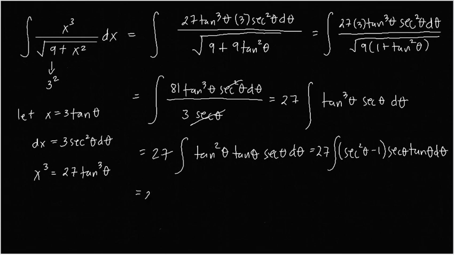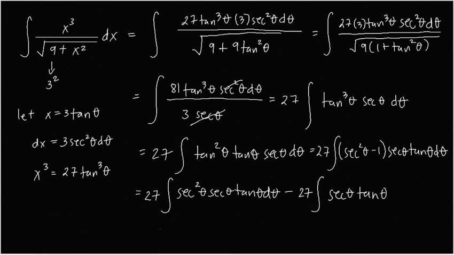Then distribution, we have 27 times the integral of secant squared of theta, secant of theta, tangent of theta, d theta, minus 27 integral of secant of theta, tangent of theta, d theta.